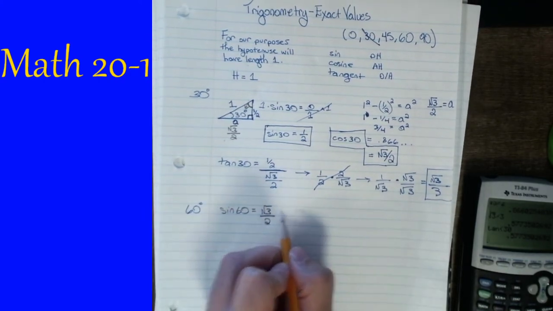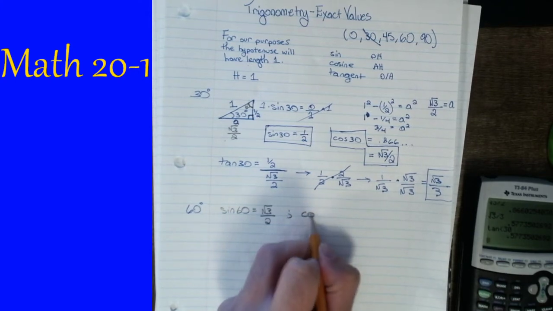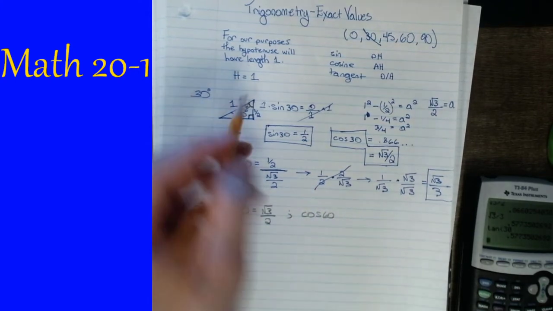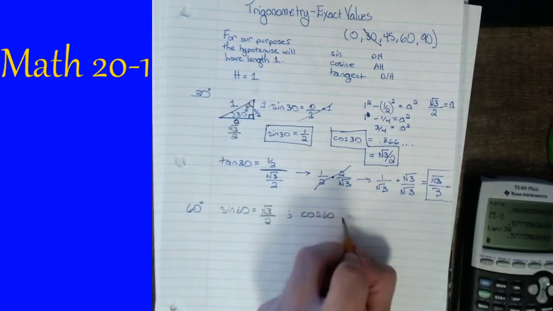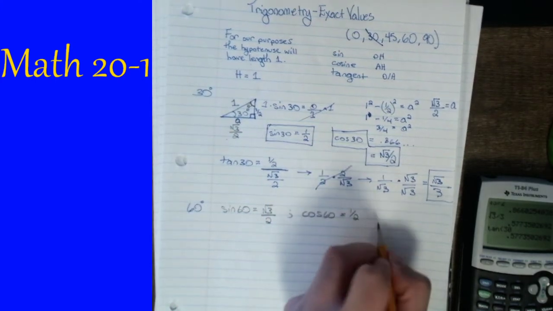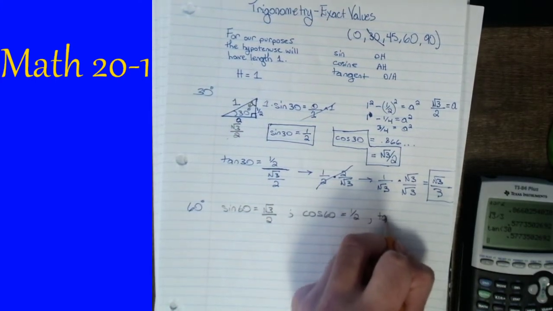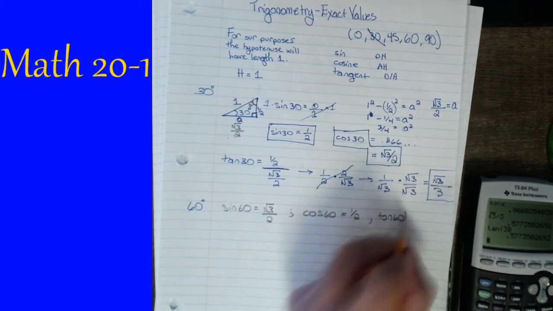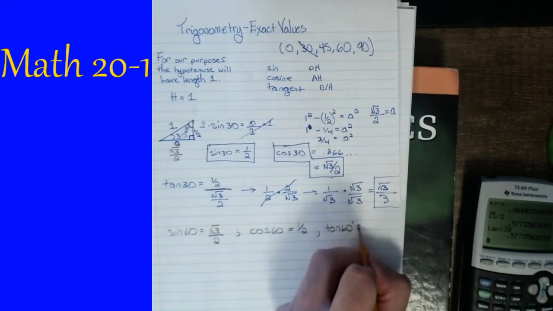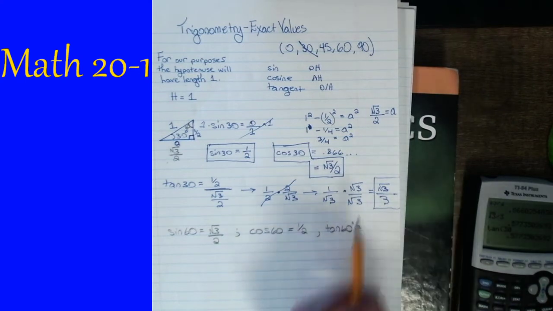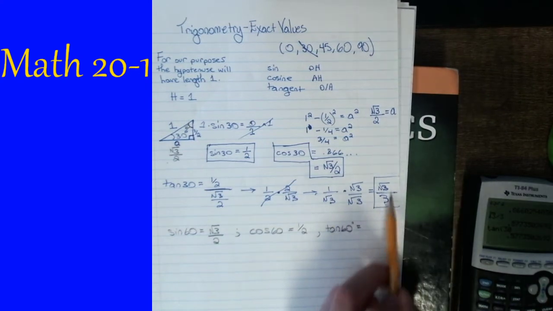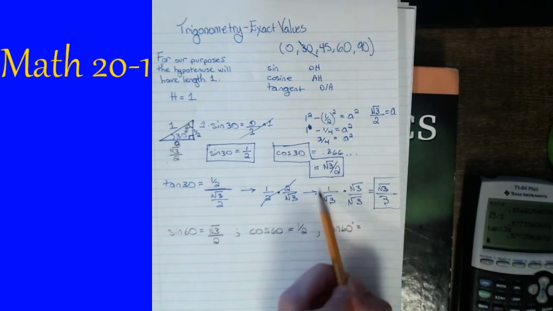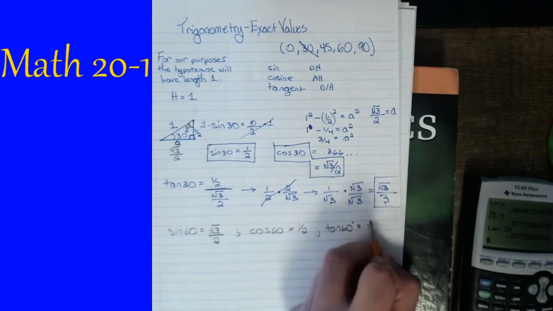And the cosine of 60 is adjacent over hypotenuse, so that's 1/2. And then finally, tan of 60 is the flipped version of this. This is equivalent to that, so that'll be the one that I flip, so it's root 3.